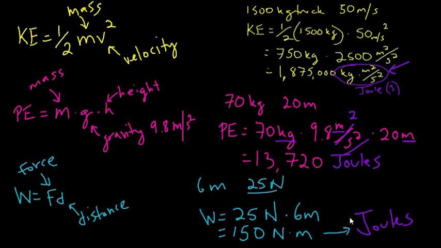All right, and that's the joule. So again, the unit for energy, or work, is joules. That's what you're going to be seeing there, or shorthand with just a J.